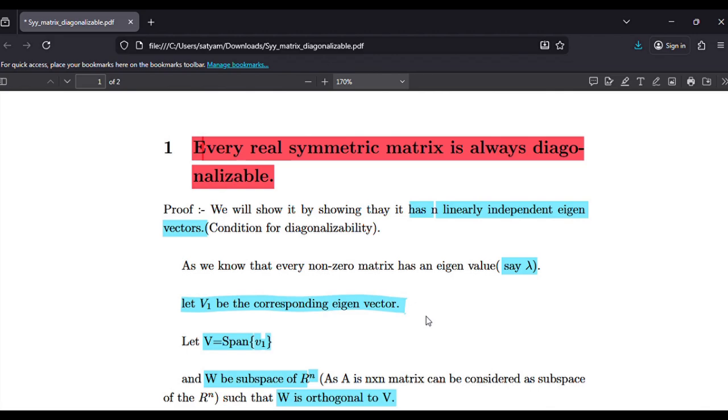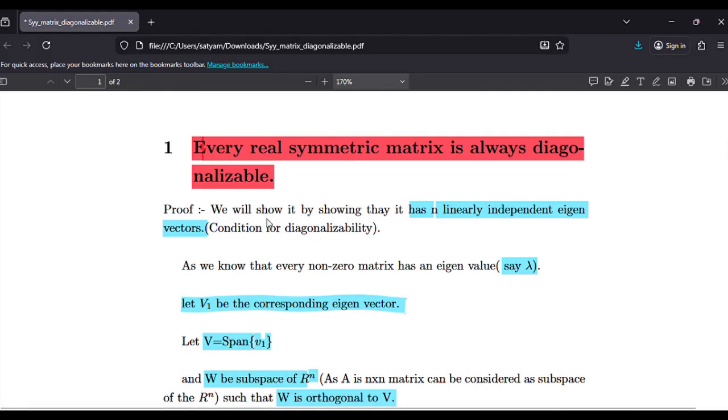Hello everyone, today we will discuss that every real symmetric matrix is always diagonalizable. This means that for any symmetric matrix, we can write a diagonal matrix which is similar to that matrix.